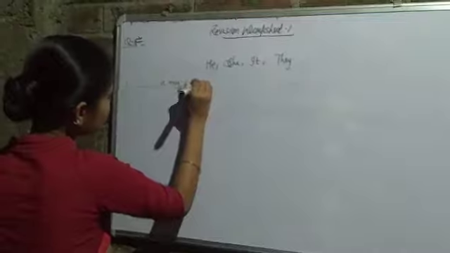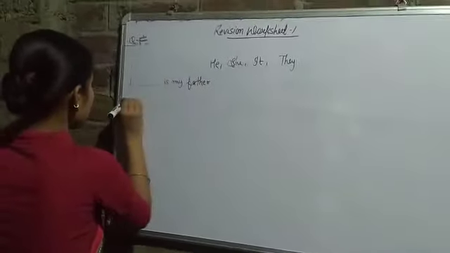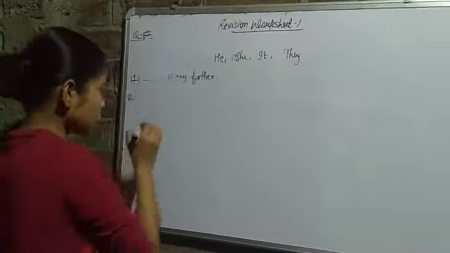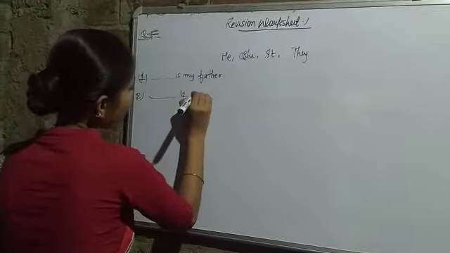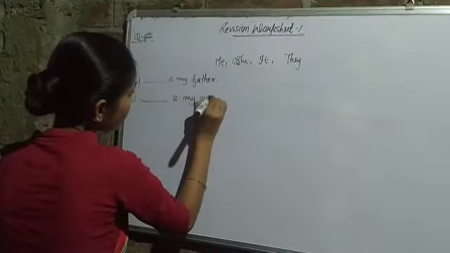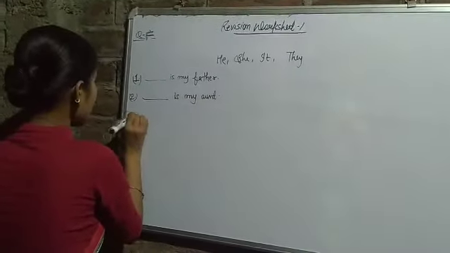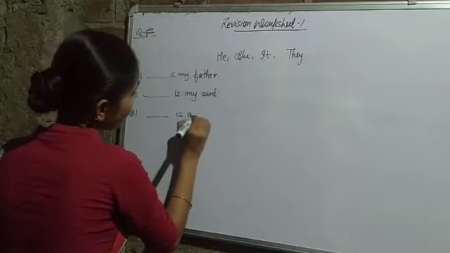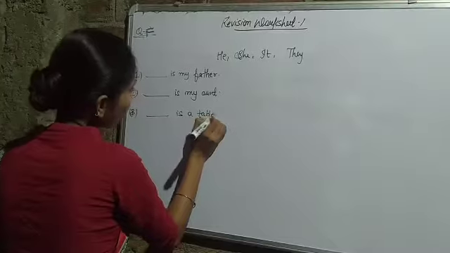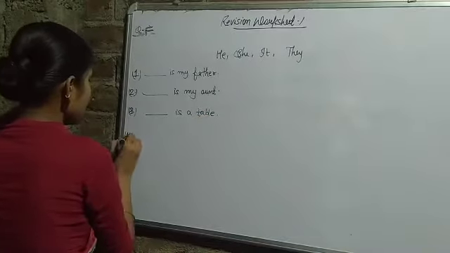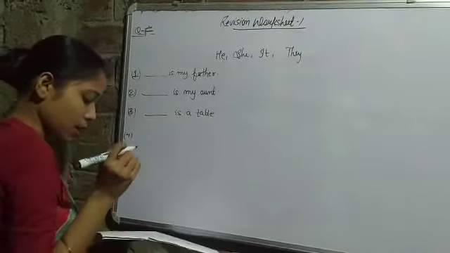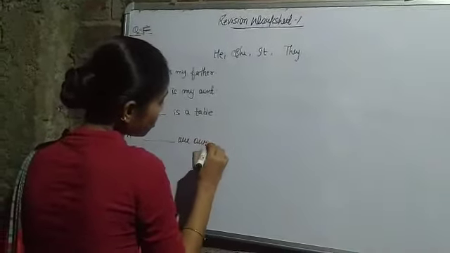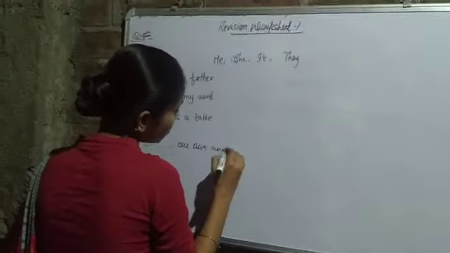Number 2, dash is my aunt. Number 3, dash is a table. Number 4, dash are neighbors.